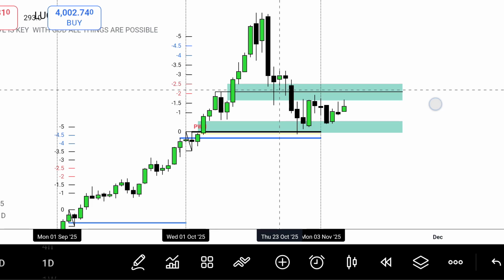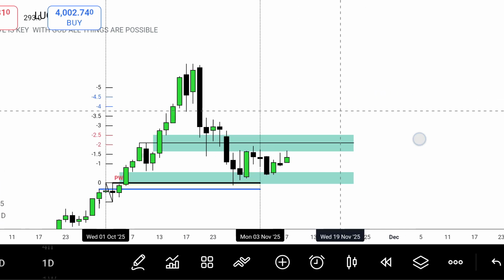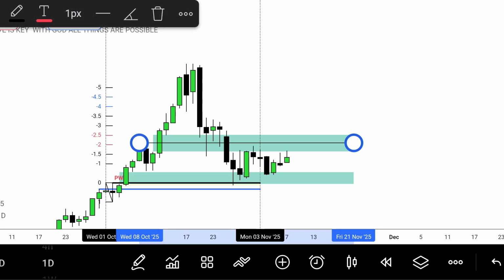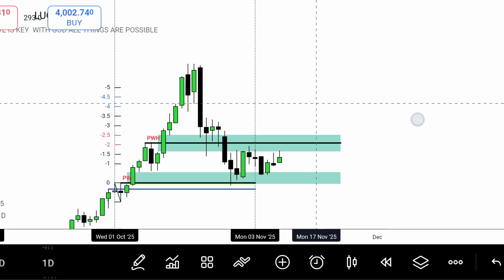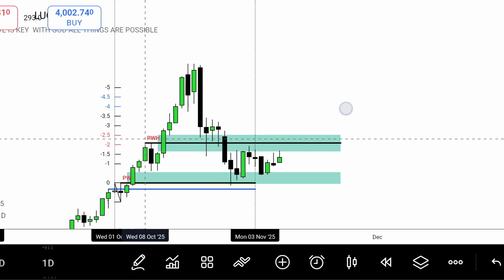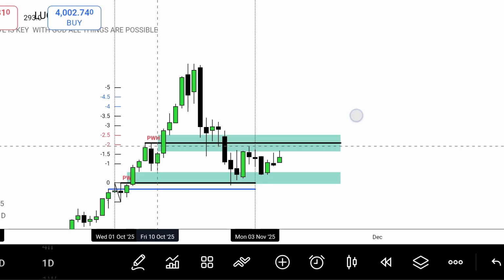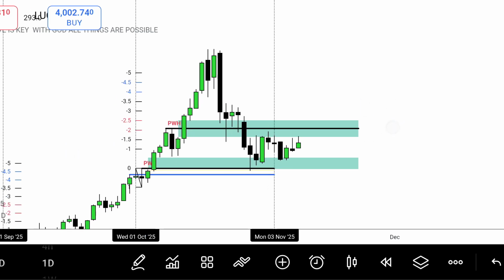We dropped back into the range of this fair value gap that formed through this high. This high as well was another previous week's high. If you look at the bottom, you'll see that was Wednesday, Thursday, Friday, so it was a high of this week. So price creates a fair value gap through, and it was very crucial.